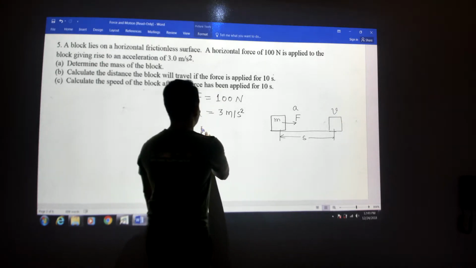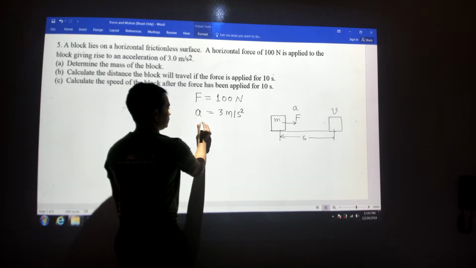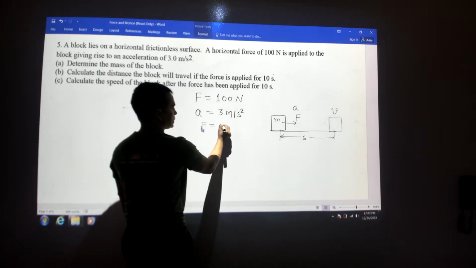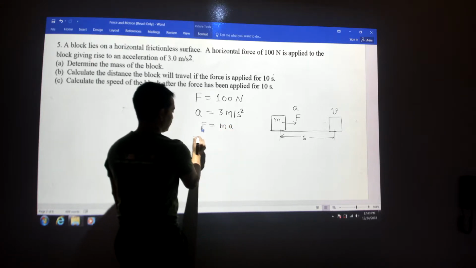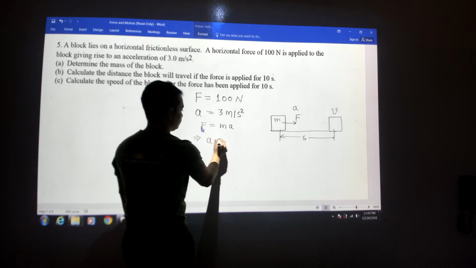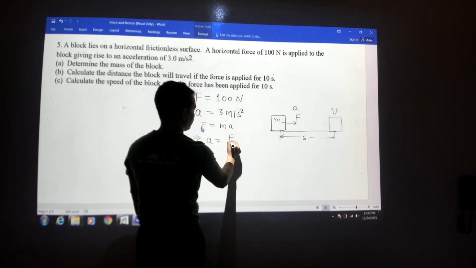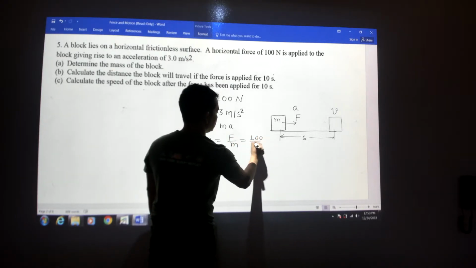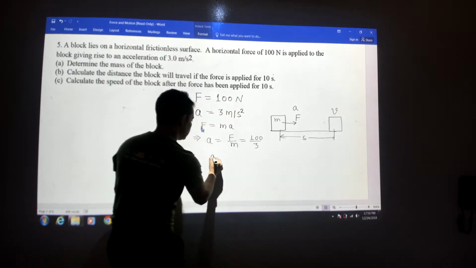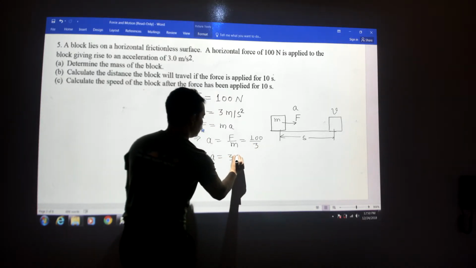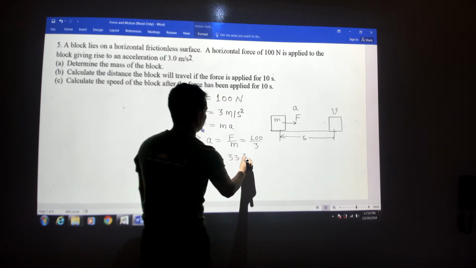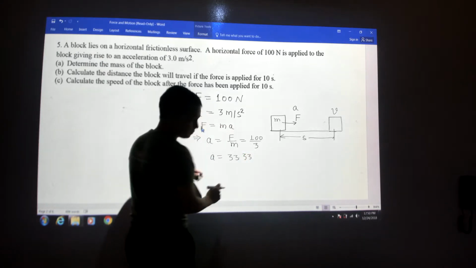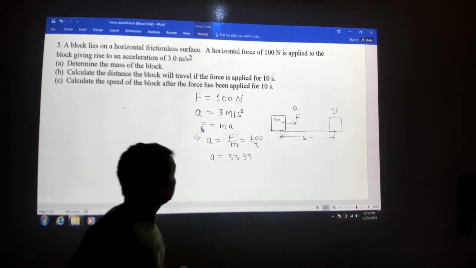Okay, so now by Newton's second law of motion, force is equal to mass times acceleration, and A is equal to force divided by the mass. 100 divided by 3. Oh, sorry. I need to find out the mass.